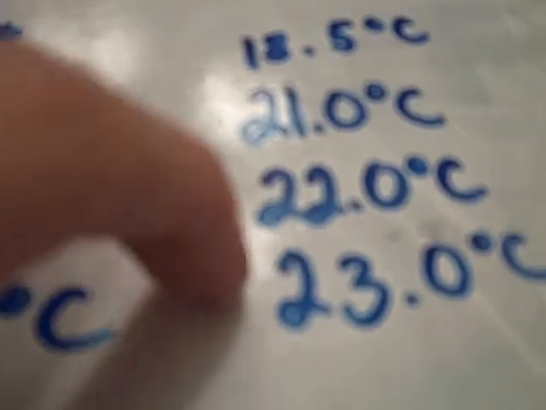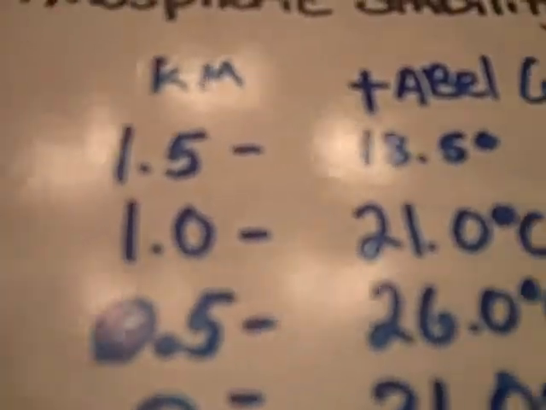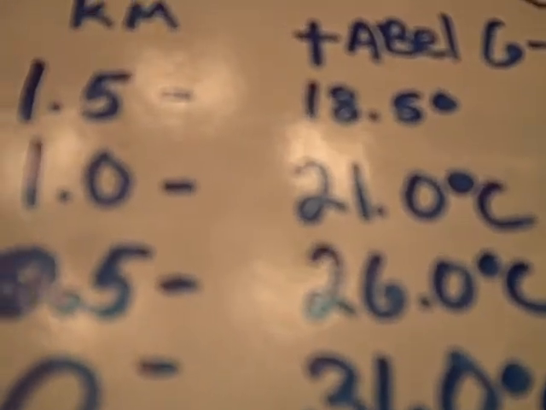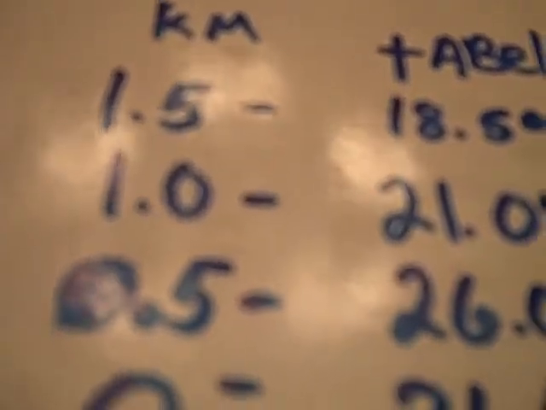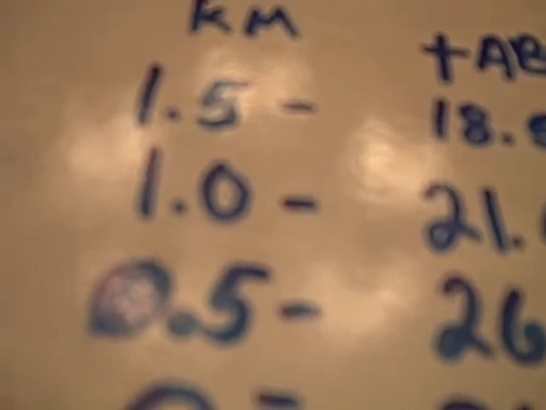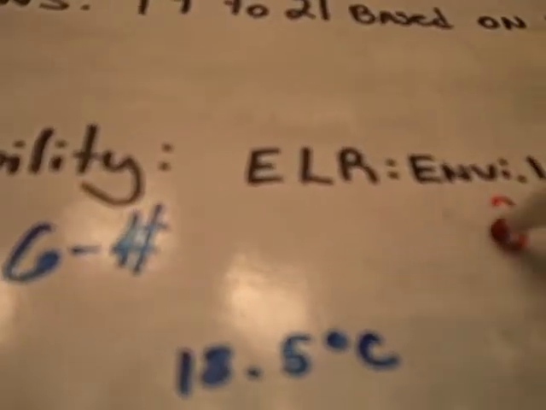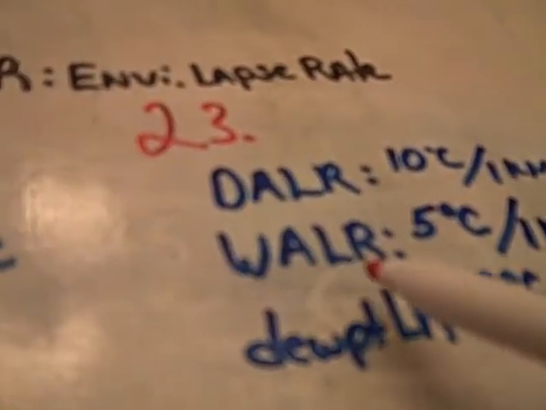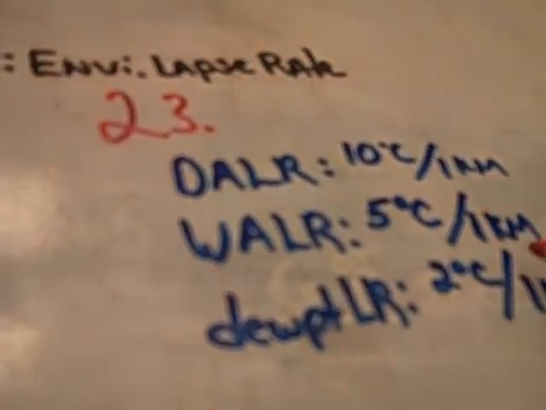Over at the dew point, I'm starting at 23, and so I'm going down one step, 1 degree, 22, 21, making my lifting condensation level occur right at 1 kilometer. Which means for the next set, I move to the wet rate. And they told us in question 23 the wet adiabatic lapse rate of 5 degrees every 1K.